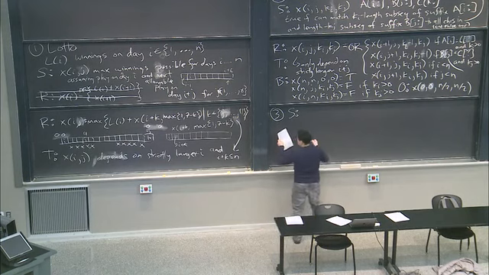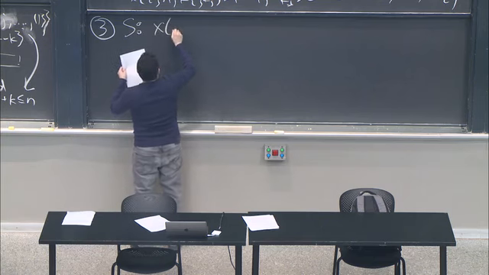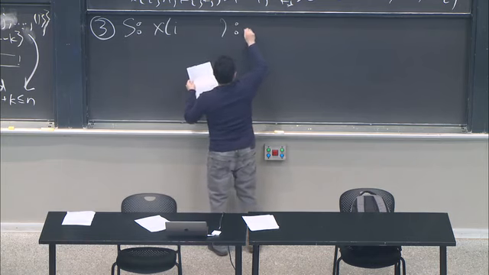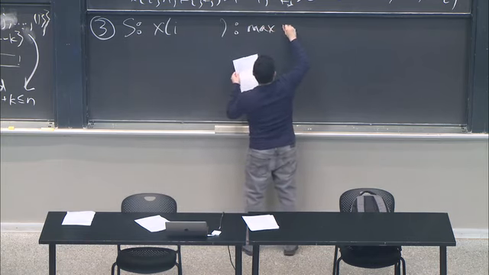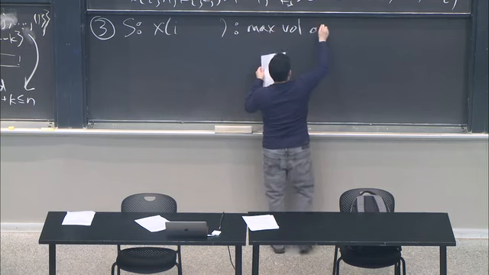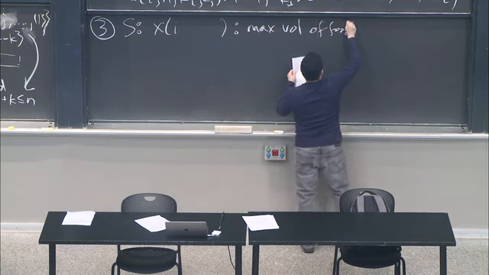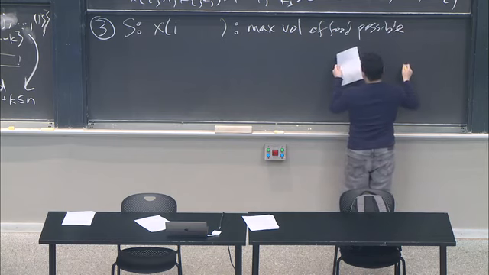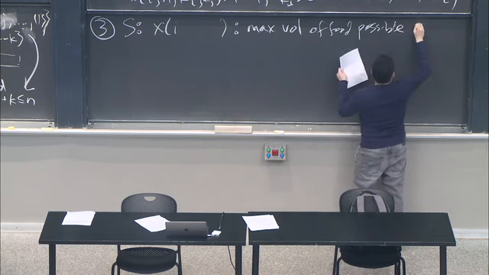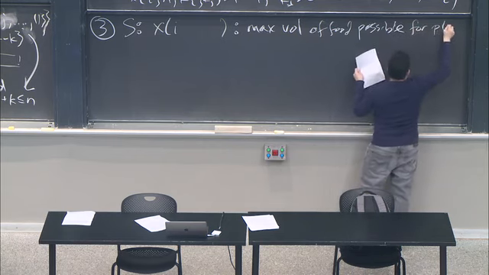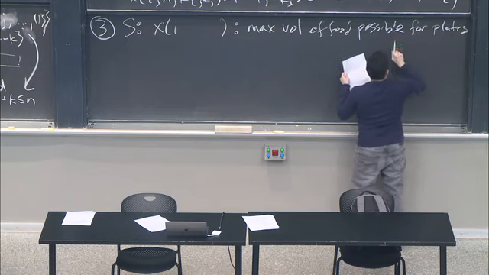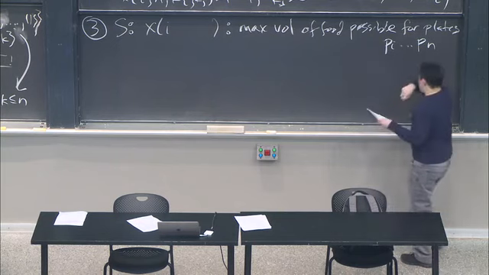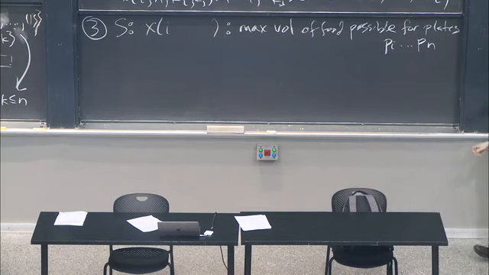I'm going to choose suffixes here. x(i, and some other stuff) is the max volume of food possible for plates p_i to p_n. I'm going to assume one indexed here because why not?